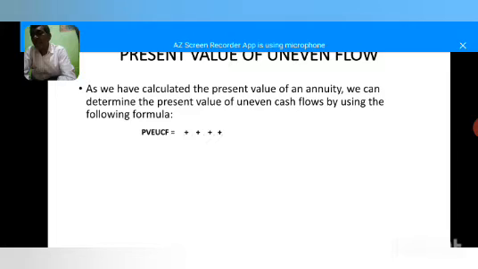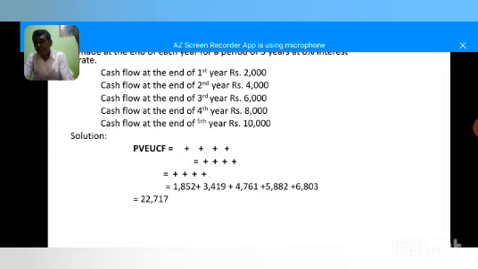When the present value is to be calculated, the future value is multiplied by the discount factor, and we get the present value of uneven cash flow. It should be explained with the help of a problem.